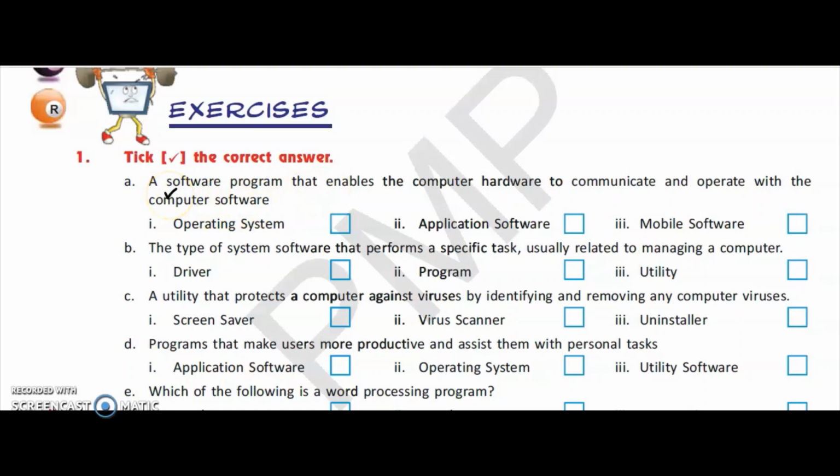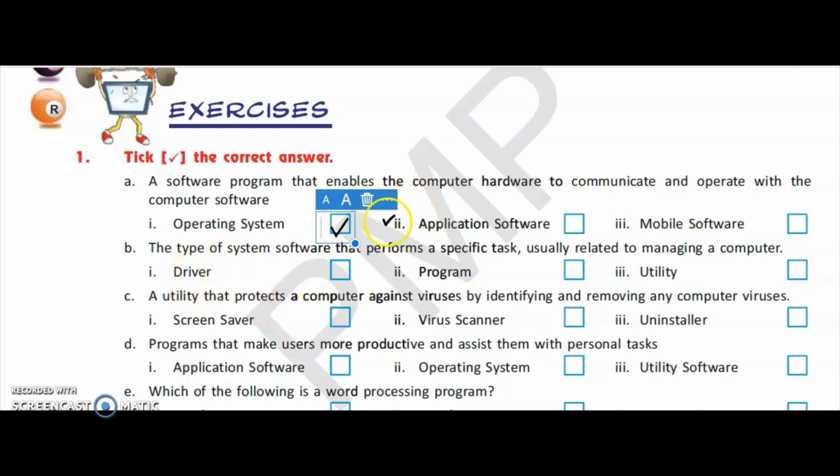The first tick the correct answer is: a software program that enables the computer hardware to communicate and operate with the computer software is, and the options for this are operating system, application software or mobile software. And the correct answer is operating system.